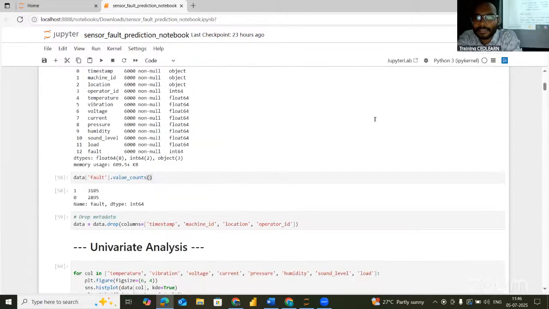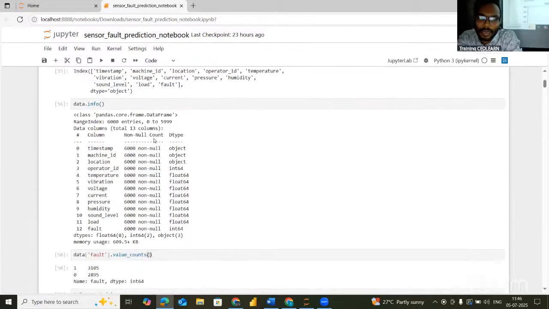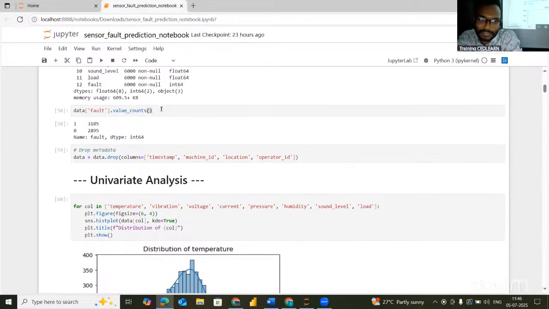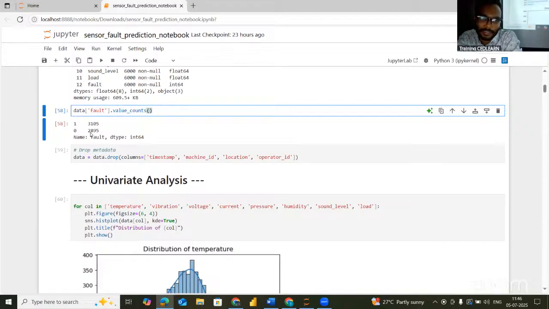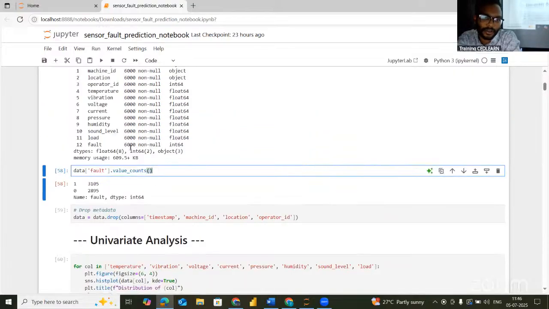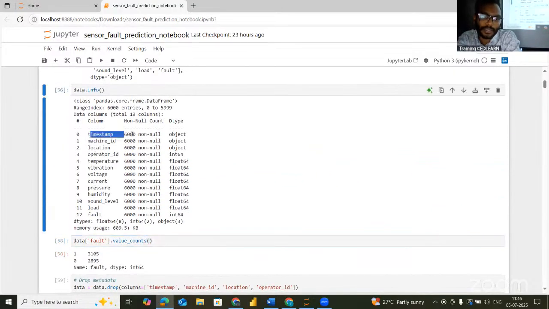I'll see if the data is balanced, how the target variable is, whether it is skewed or imbalanced, or whether it has any weightage to the yes class or no class. Then I'll start looking at the different columns and what they are showing. And always in real life when you are dealing with a data set, there is a high chance you will be provided with a data dictionary which explains each and every column.